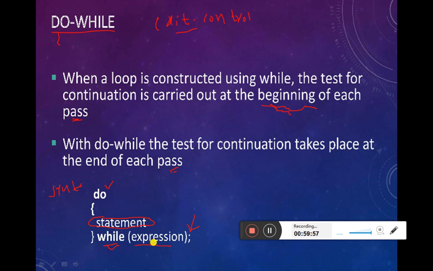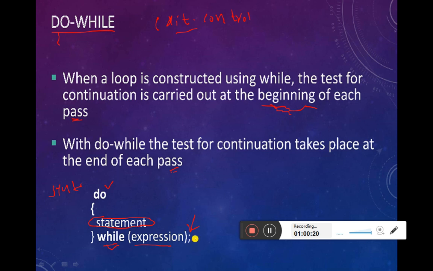Since the condition test is done at the end of the loop, the body of the loop will be executed at least once, because the condition test occurs after the execution of the statements of the loop. And remember, there must be a semicolon at the end.